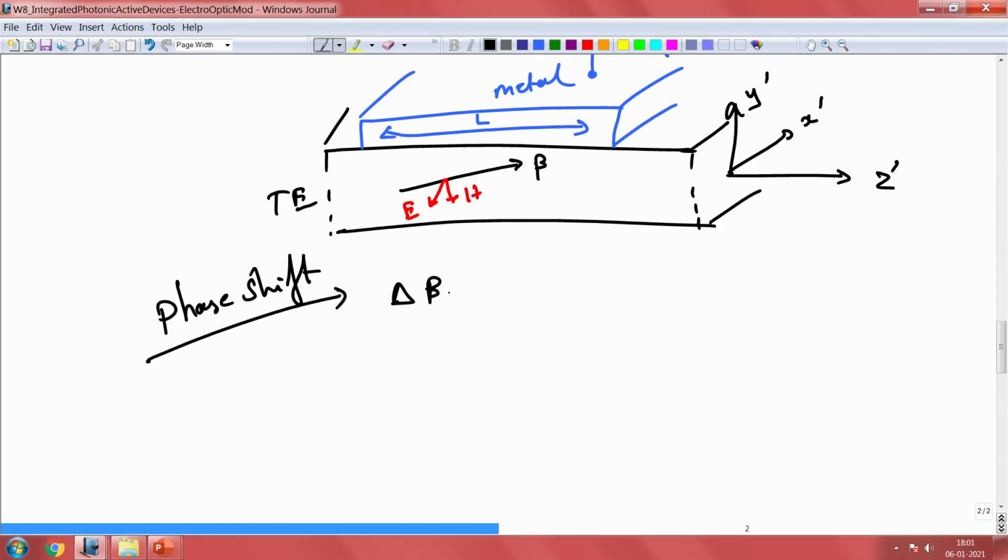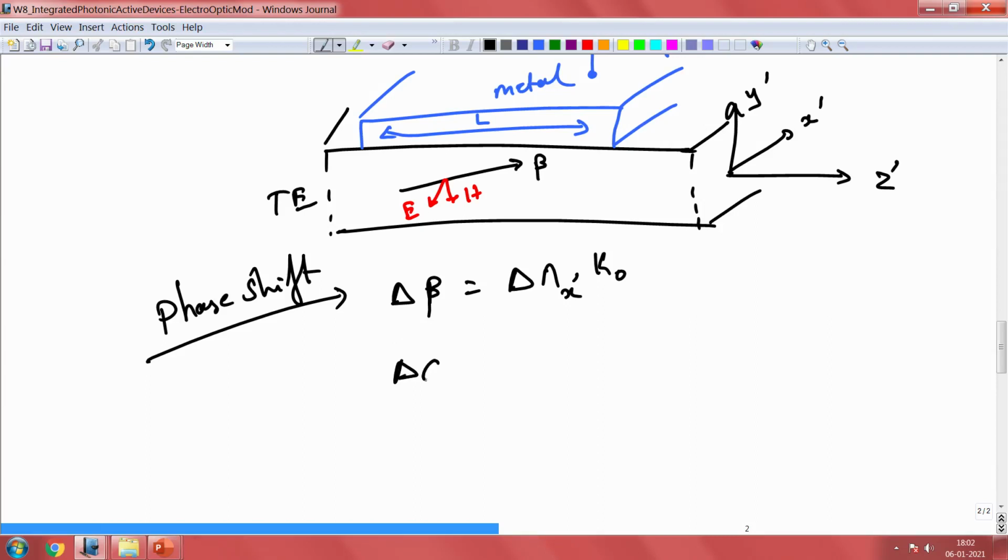So the delta beta is nothing but delta n x dash k naught, our change in the propagation constant. Now what will be the phase difference that you expect? This is your propagation constant difference.